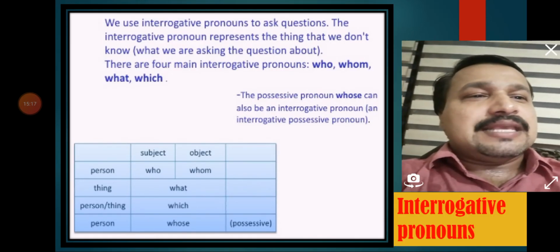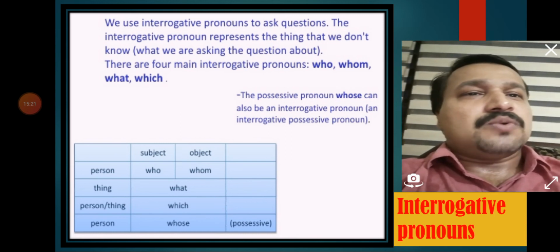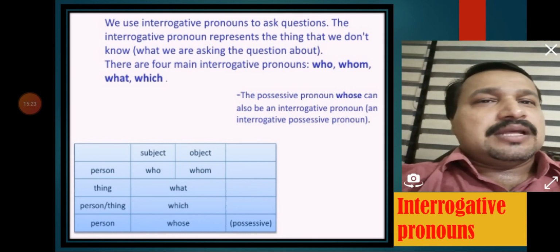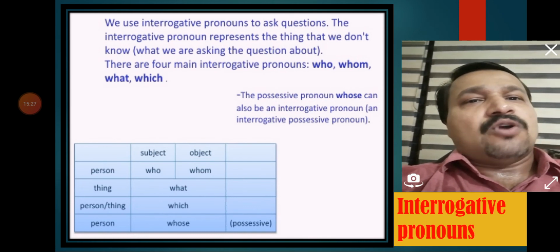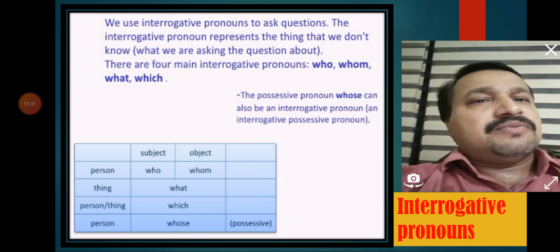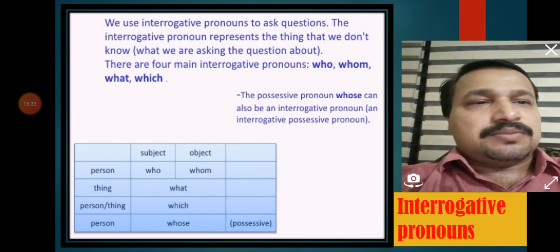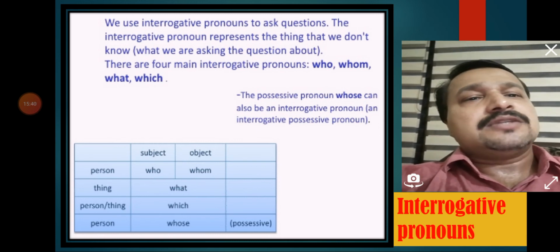Next one is interrogative pronouns. We use interrogative pronouns to ask questions. The interrogative pronoun represents the thing that we don't know, or what we are asking the question about. There are four main interrogative pronouns: who, whom, what, and which.